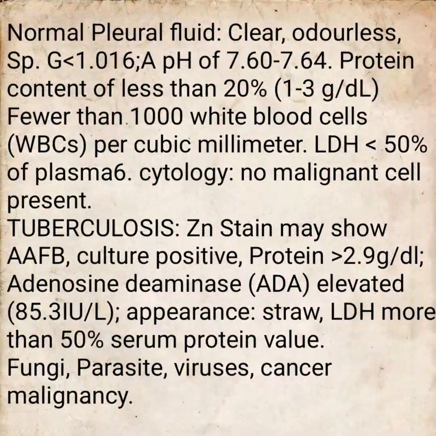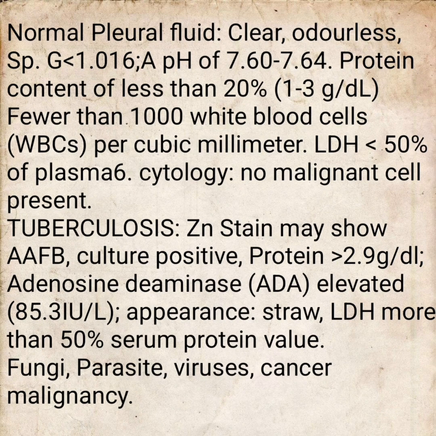Finally, let us concentrate more on how the normal pleural fluid will appear when you want to examine it in the laboratory. It will appear clear, odorless. The specific gravity will be less than 1.01. The pH is normal, a little bit shifted to the alkaline level, 7.64.